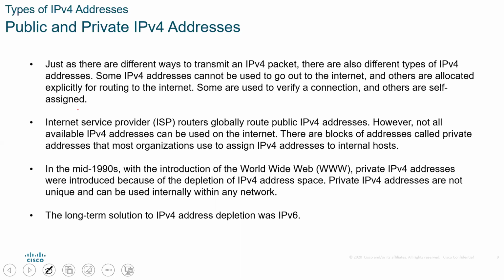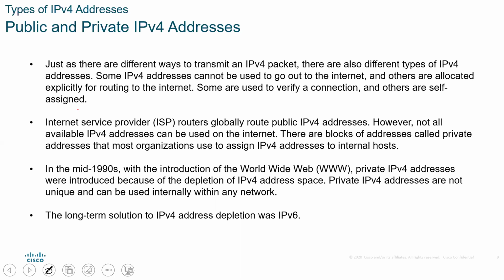Okay, so your internet service provider, or your ISP, they use those public IP addresses globally because most of the traffic that goes around the internet uses public IP addresses. However, not all available IPv4 addresses can be used on the internet.